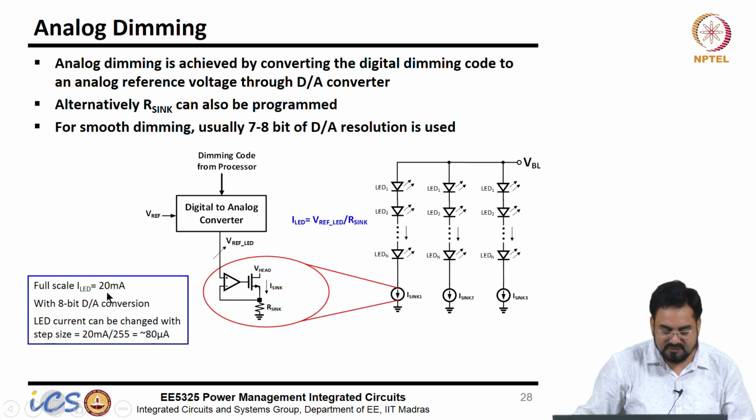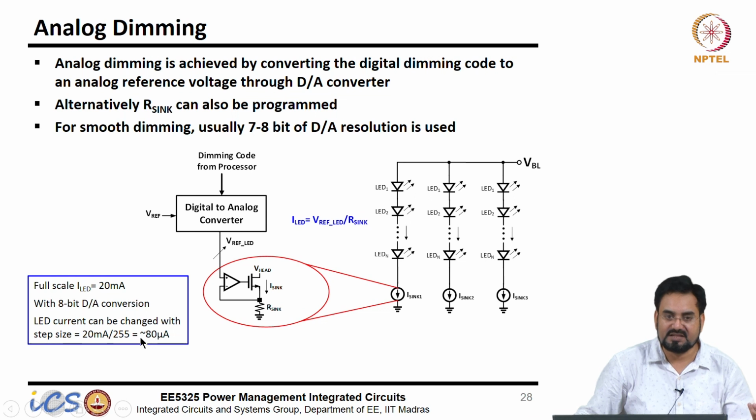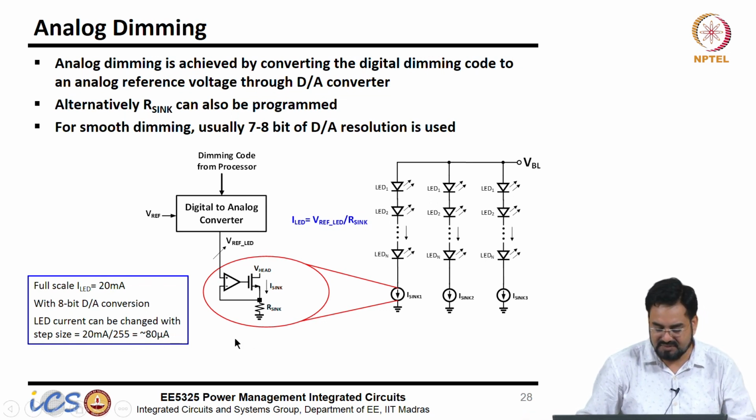If full scale LED current is 20 milliamp and we want 8 bit D2A conversion, the LED current can be changed with a step size, what we call the LSB, least significant bit, of 20 milliamp divided by 2 to the power n minus 1. So we get 255 levels. That is roughly 80 microamp, slightly less than that but close to 80 microamp.